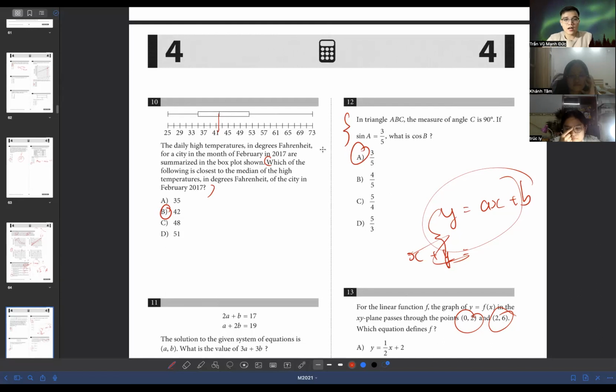Sometimes I just type them without even looking at the keyboard, and that would be a big help when it comes to the SAT, because there are only a handful of questions that can be answered by calculator, but they would take us sometimes long if we aren't used to it. So in retrospect, try your best to familiarize yourself with your own calculator.